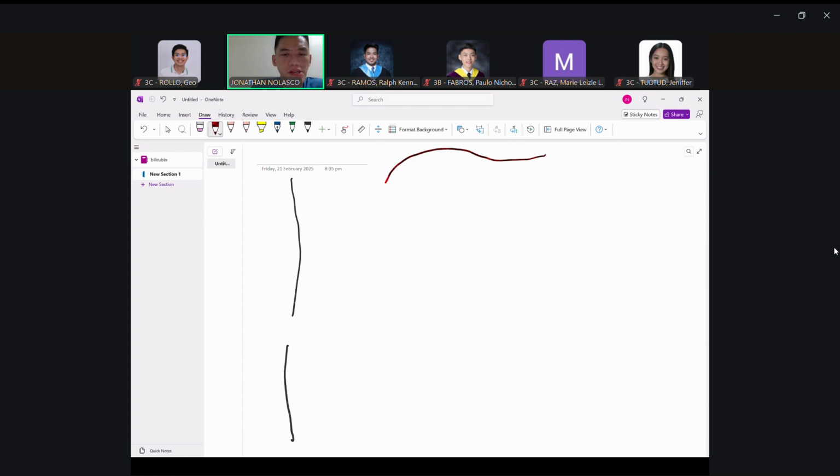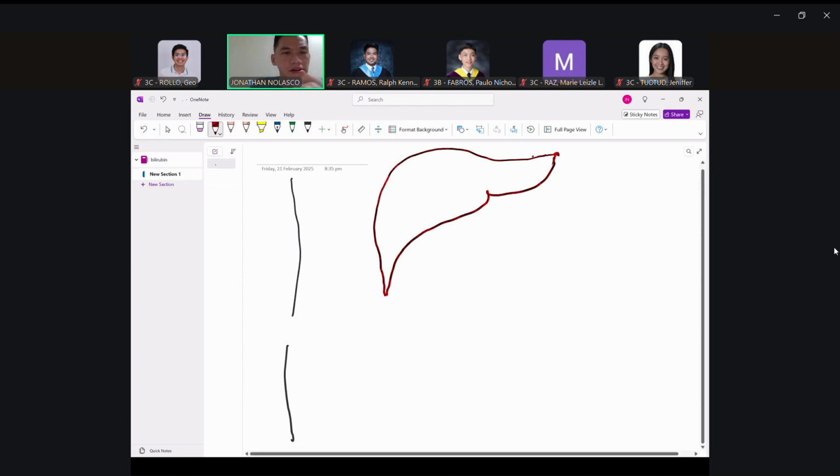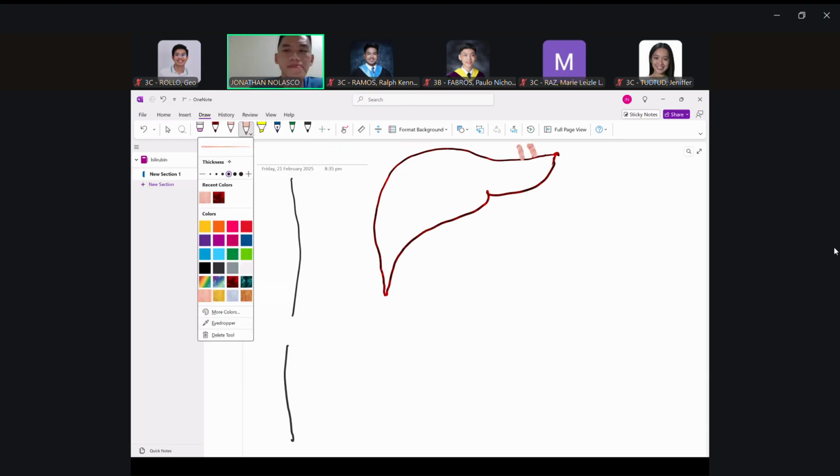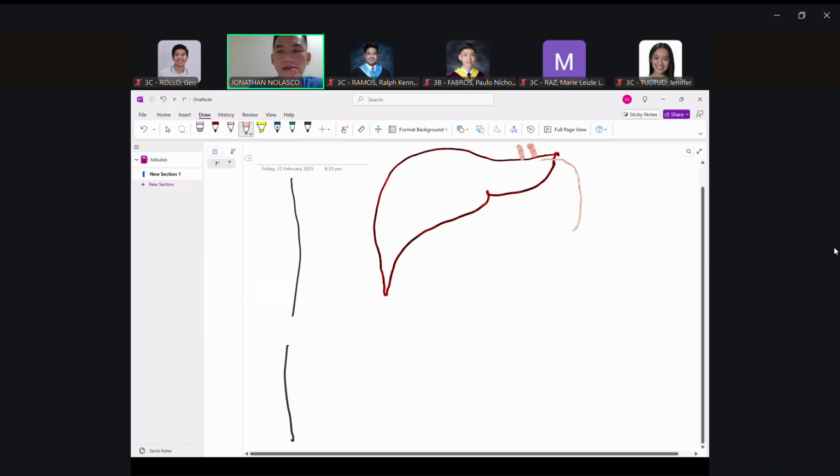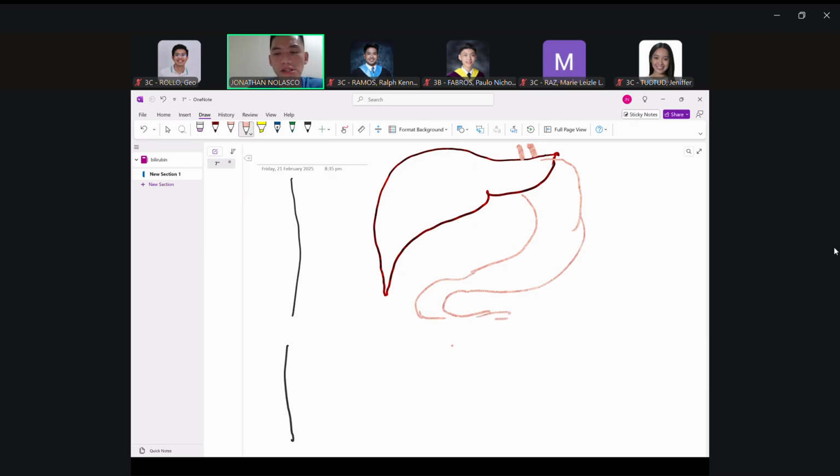So here I'm going to draw the liver, and then the duodenum, the C loop of the duodenum.